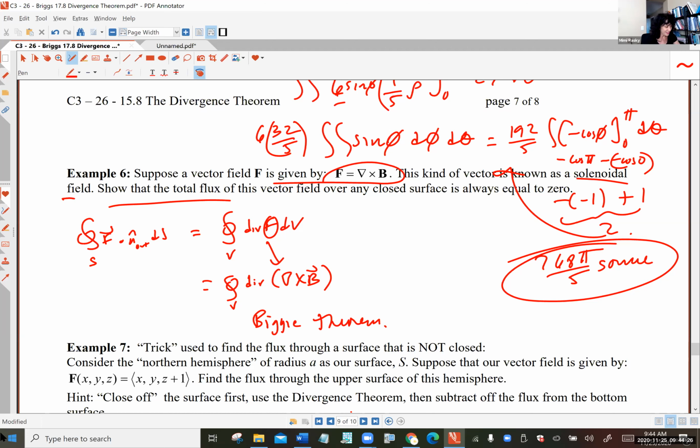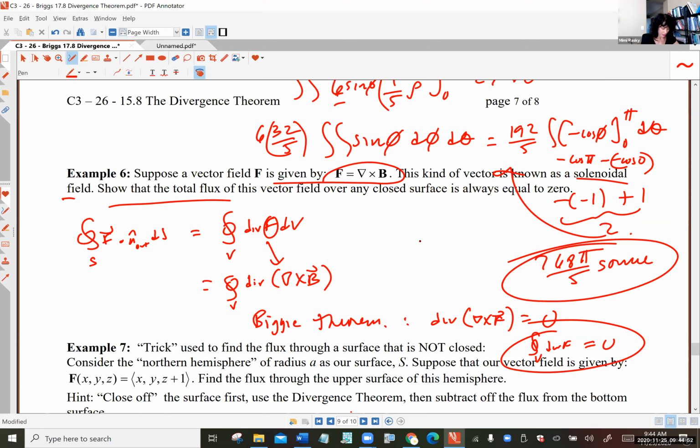The divergence of the curl is, go look at your Biggie theorem when we did divergence and curl in 17.5. The divergence of curl is 0. And so what we can say is that anytime we do the divergence of F for this particular vector field, not for everything, it will be 0 no matter what the closed surface is, every closed surface, which is kind of cool.